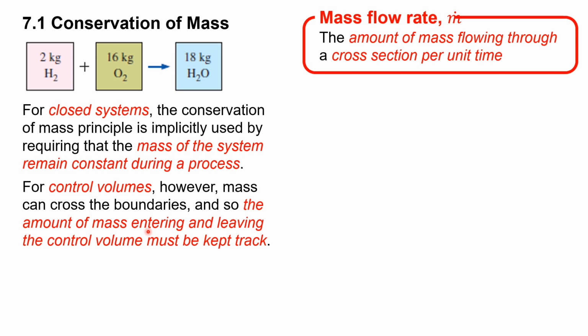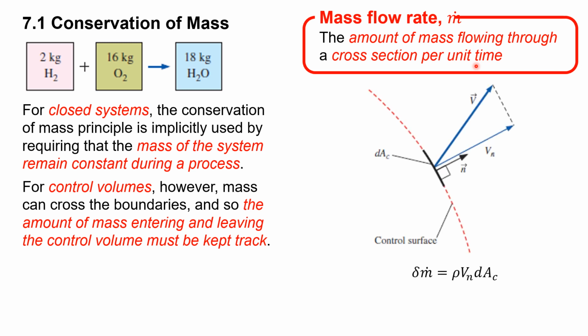That is what we call the mass flow rate, which we always write as m dot. So what is mass flow rate? The amount of mass flowing through a cross section per unit time. So in one particular second or minute, how much mass is passing by one cross section area. That is what we call the mass flow rate.